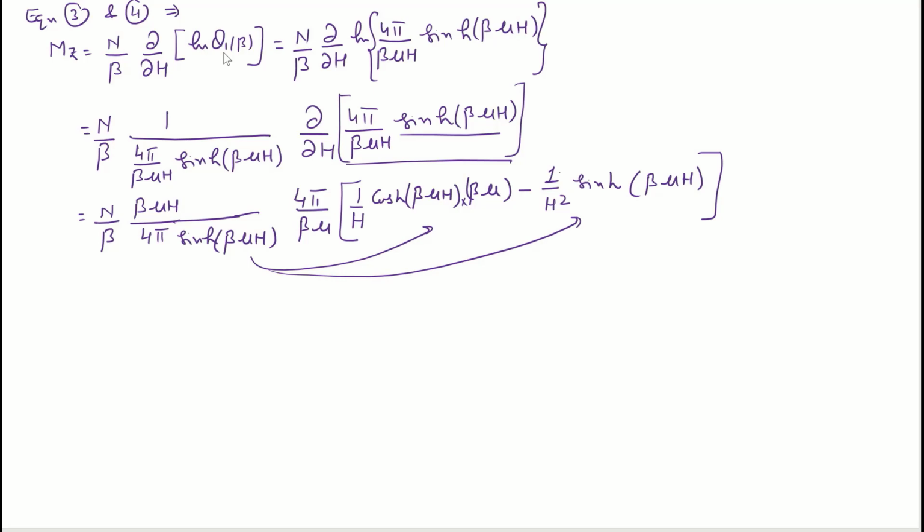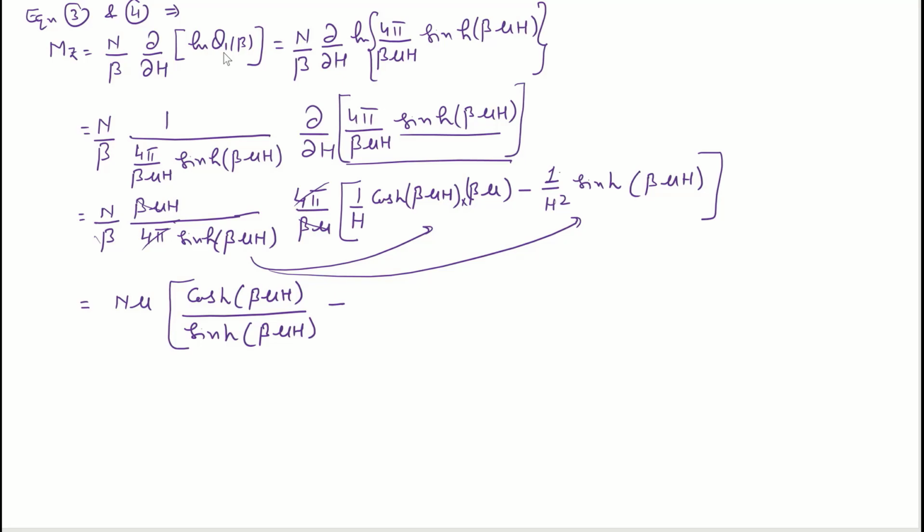After cancellation, I am writing that expression directly here, so this will be n mu into, in the bracket, cos hyperbolic beta mu h upon sine hyperbolic beta mu h.